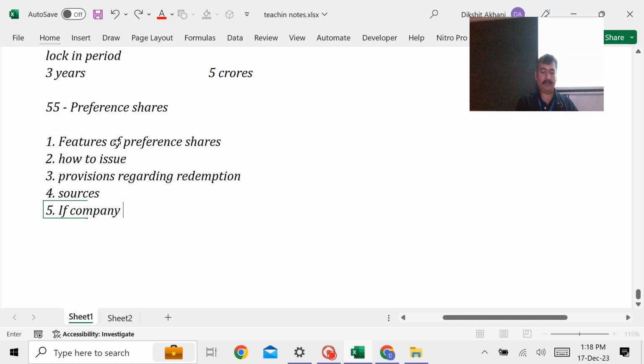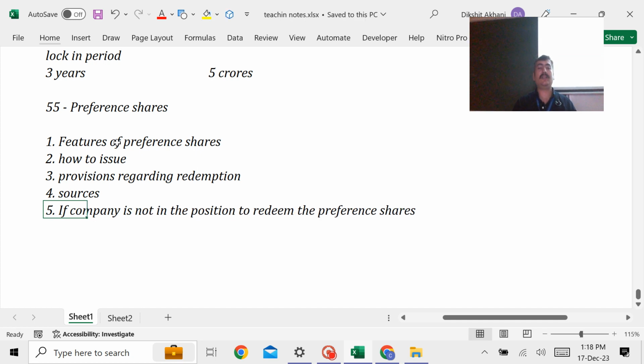If company is not in the position to redeem the preference shares. So these many points आपको करने और ये हो गया तो ये टॉपिक ओवर. ठीक है. All right.